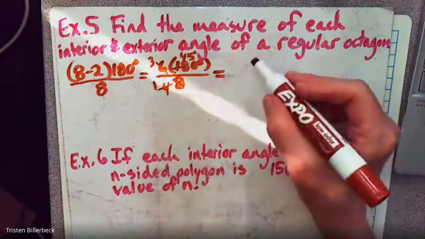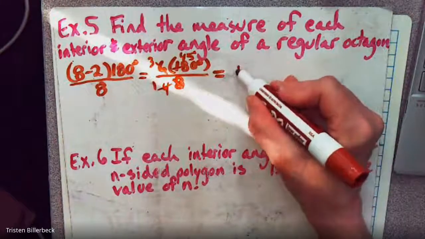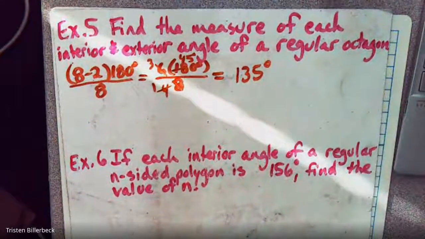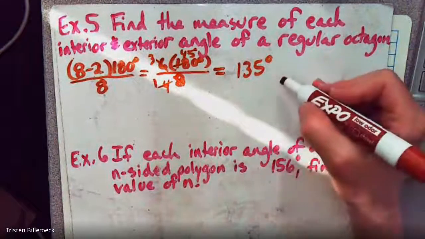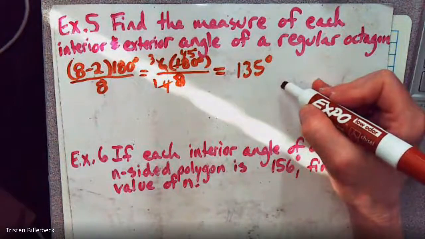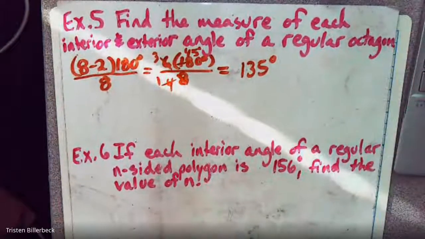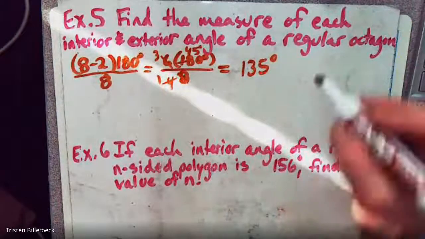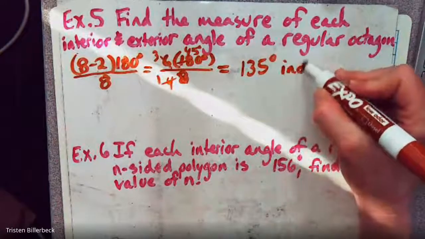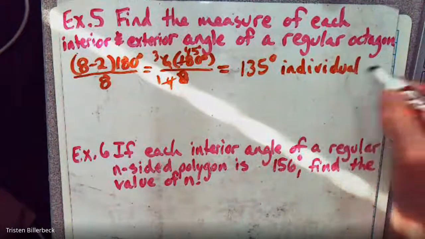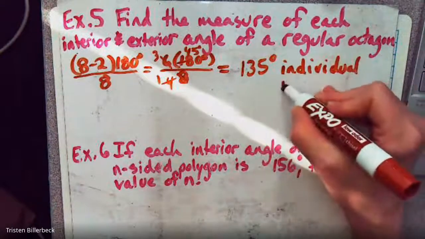Okay, and 3 times 45 is 135 degrees. So each angle is 135 degrees. All right, so that's the individual interior angle.